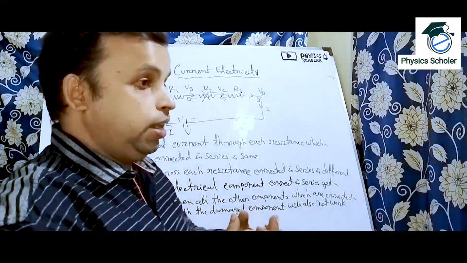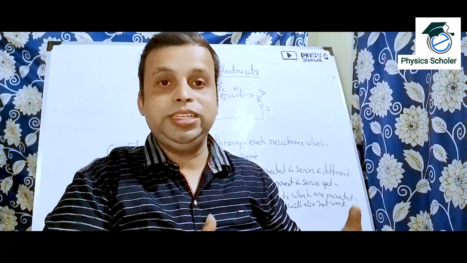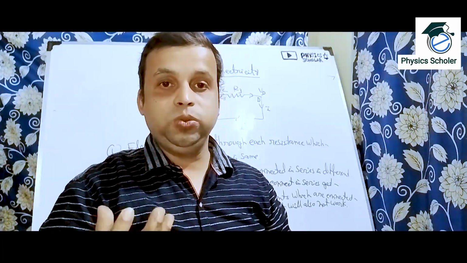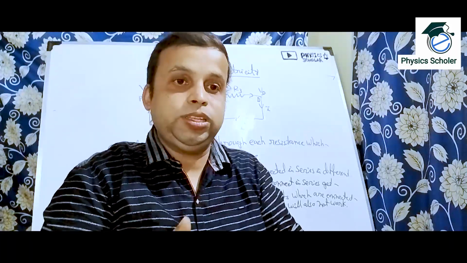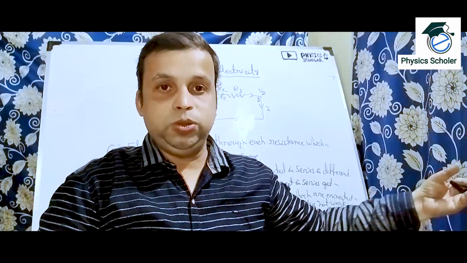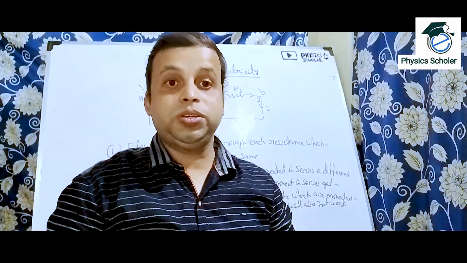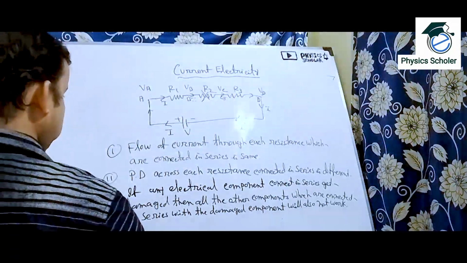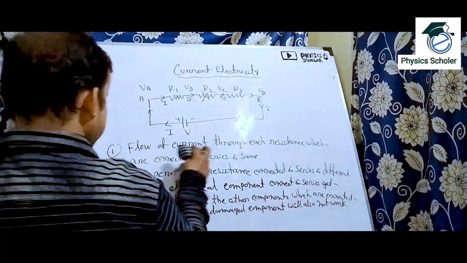So the potential difference across each component will not be the same. That means the components will not work with full efficiency because they are not getting the same potential difference. So all the electrical components connected in series will not work at full efficiency as the voltage drop is there.